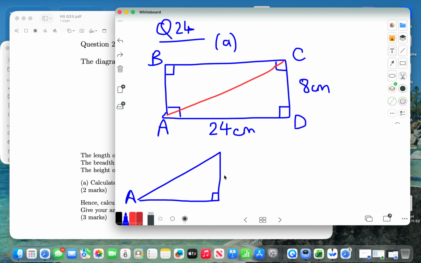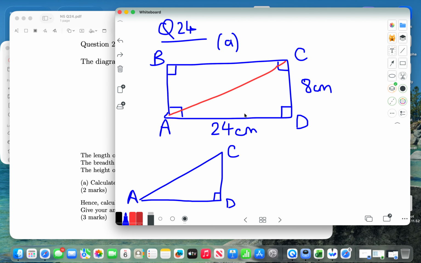We have a right angled triangle, and we know the length of two sides, so we can use Pythagoras to find the length AC. So the hypotenuse is the longest side and is opposite the right angle.